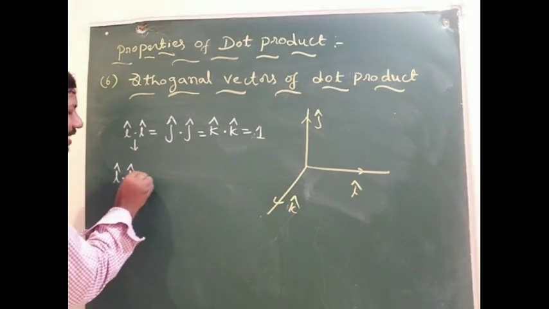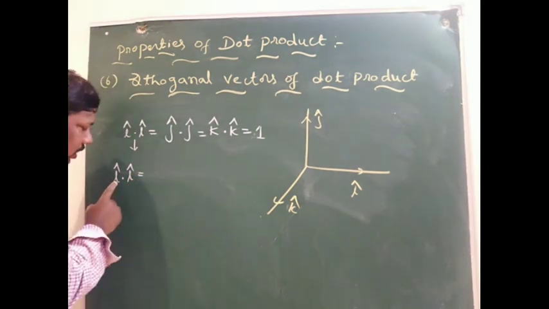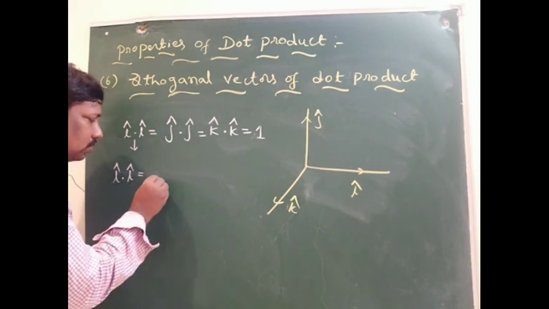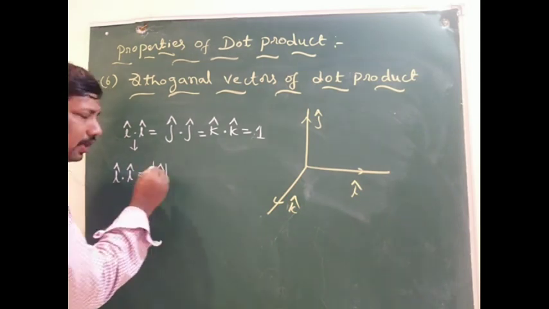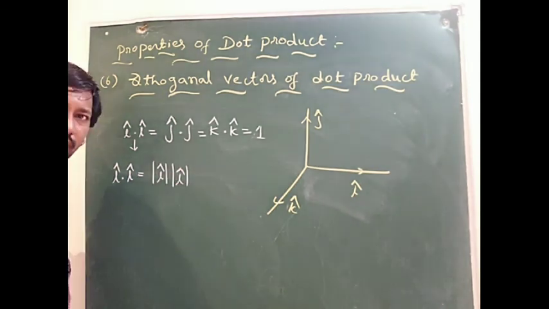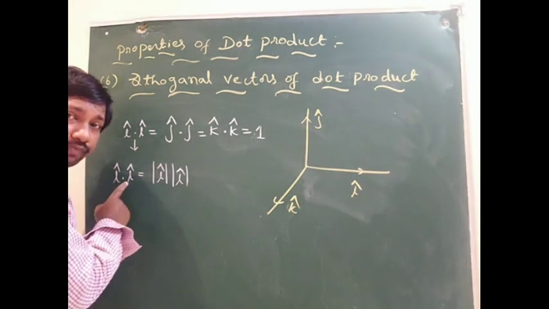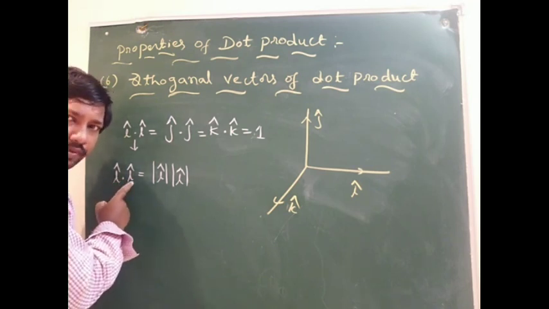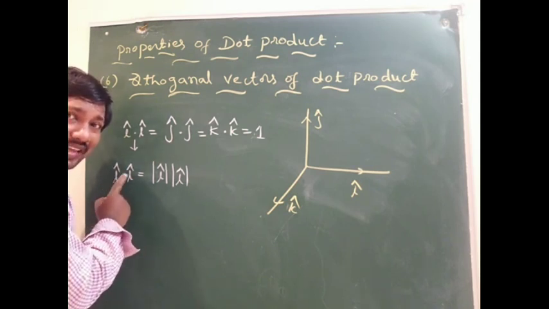You know the definition of dot product: the product of the magnitudes of the two vectors, and the cosine of the angle between them.